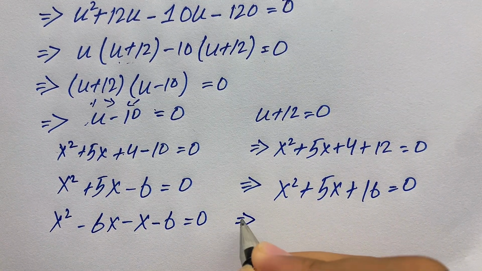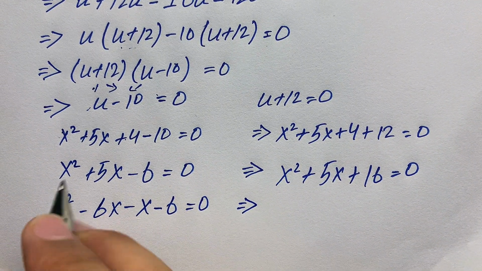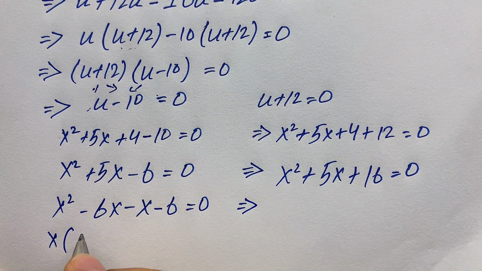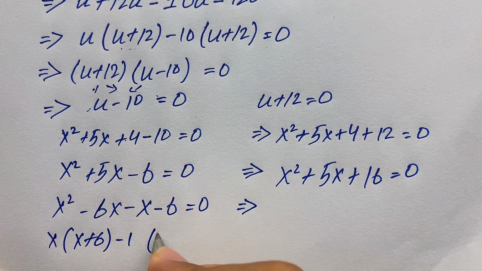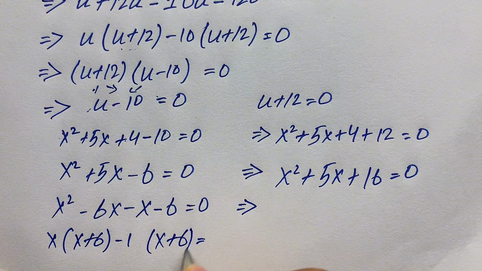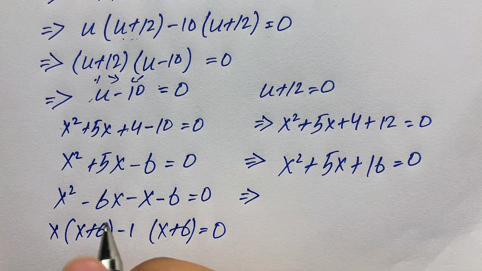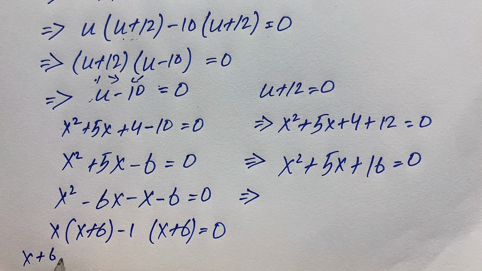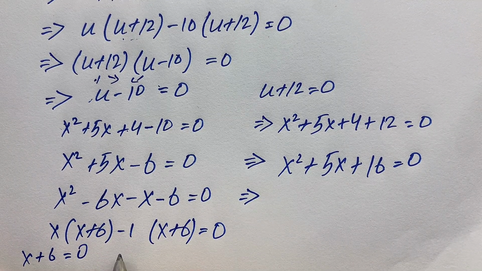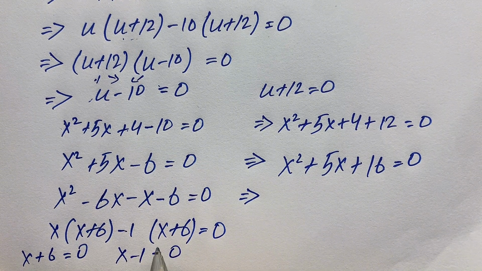Now first we solve this: x into (x plus 6) minus 1 into (x plus 6) is equal to 0. Then we get two sides: x plus 6 is equal to 0 and x minus 1 is equal to 0.